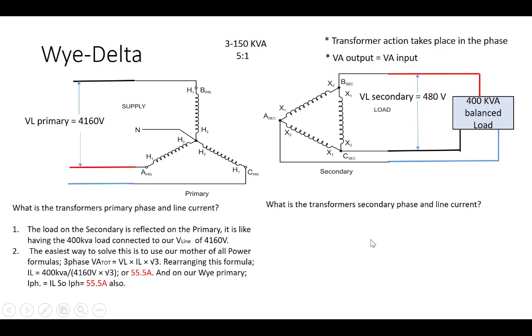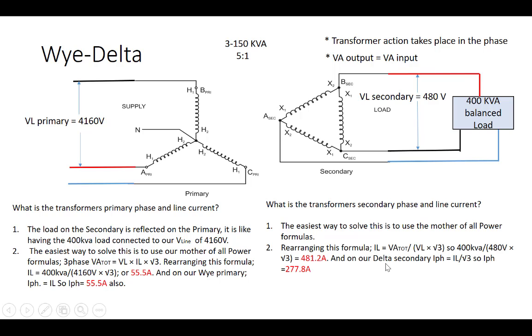Secondary phase and line current. Again, the easiest way to solve this is to use our basic power formula. VA total equals I line times V line times root 3. Rearranging this formula, our I line is our VA total divided by V line times root 3.